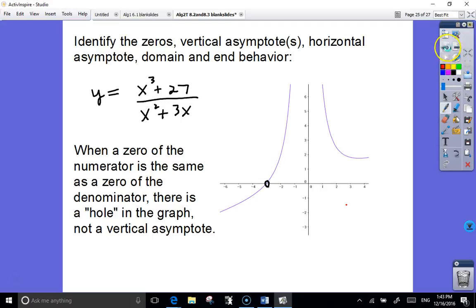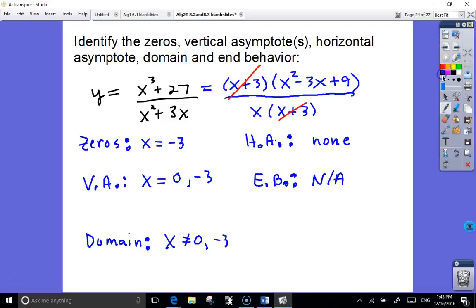So normally the way you do that is these are both called points of discontinuity. The 0 is a vertical asymptote, but the negative 3 is called a hole. X equals negative 3. And then I can take it off of here.